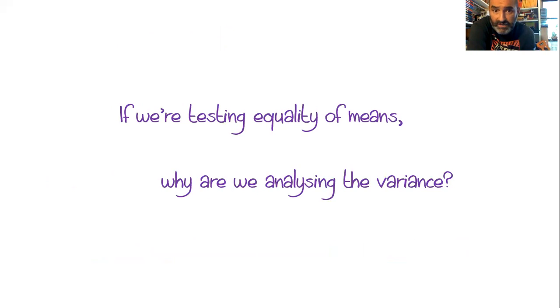And you could ask, if we're testing the equality of arithmetic means, why are we analyzing the variance? So I think the most important thing to understand about the analysis of variance is the answer to this question. We're testing arithmetic mean equality and we're analyzing the variation.